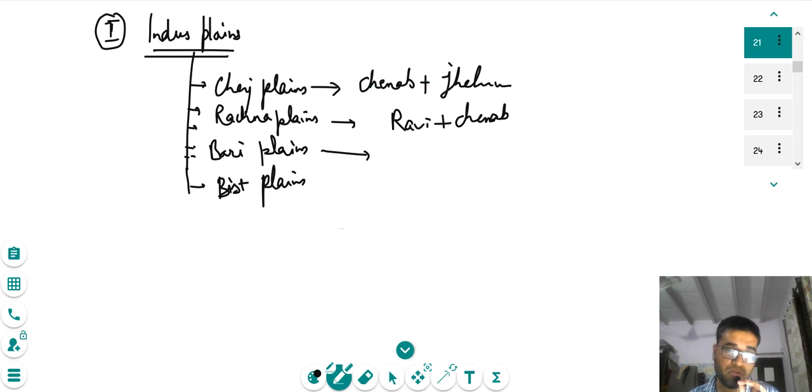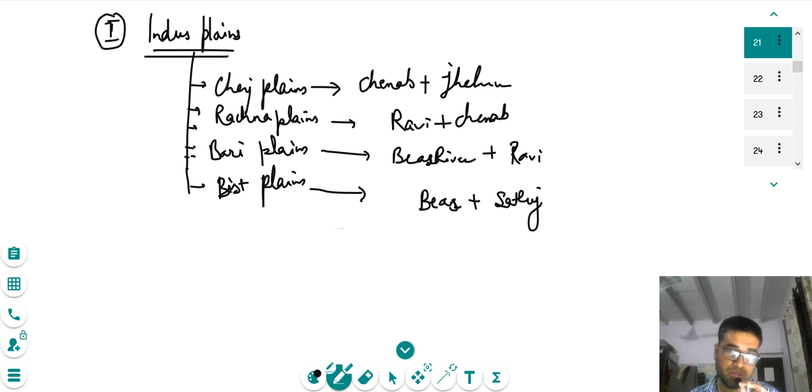Bari Plains are formed by the Bias river and the Ravi river, and the Beast Plains are formed by the Bias river plus the Satluj river, right?